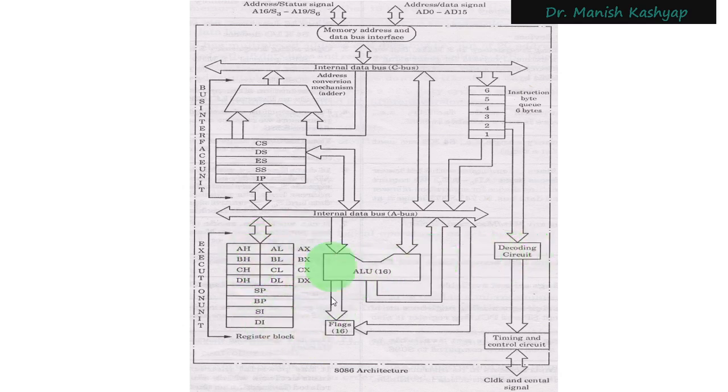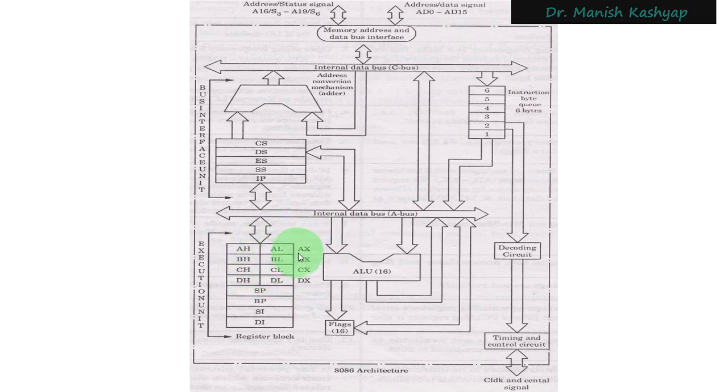We have this stack of registers. If we talk about 8085 microprocessor, we had A, B, C, D, E, H, L, and M registers. Here you see that the nomenclature has changed. You have AX, BX, CX, DX registers, and they are divided into two parts: AH, AL, BH, BL, CH, CL, and DH, DL.